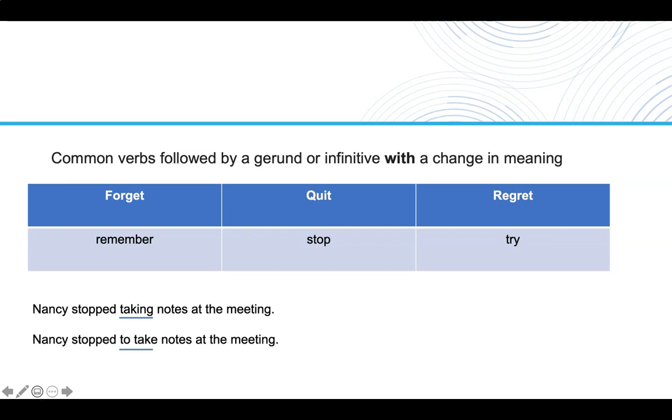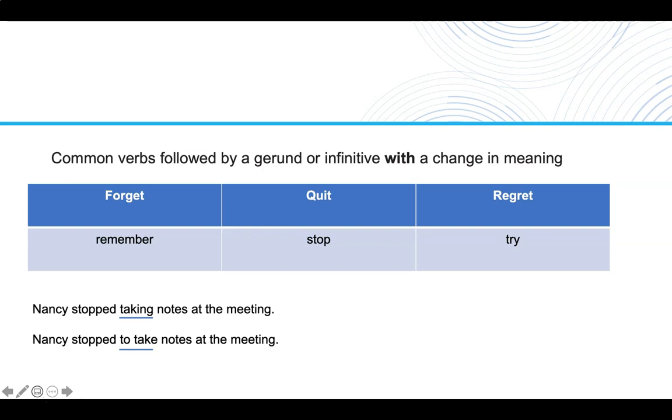In the first sentence, we are saying that Nancy had been taking notes at the meeting, but then she stopped that activity completely. Here, we are emphasizing that there was an action in progress that did not continue after a certain point. What about the second sentence? Nancy stopped to take notes.